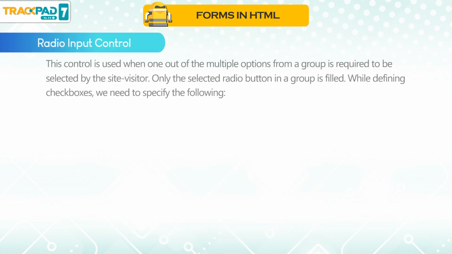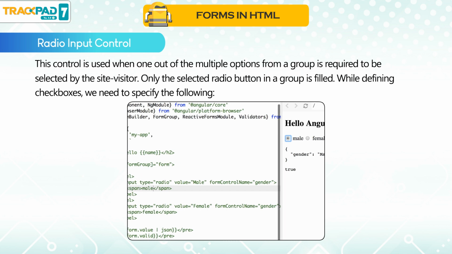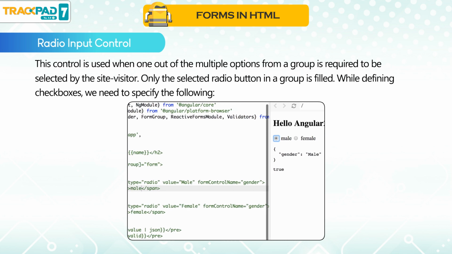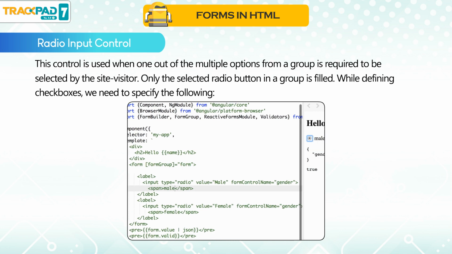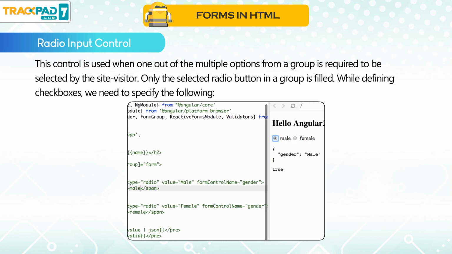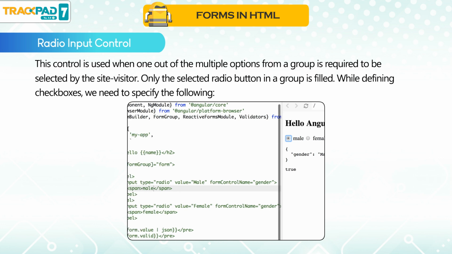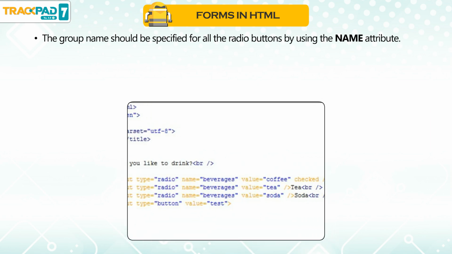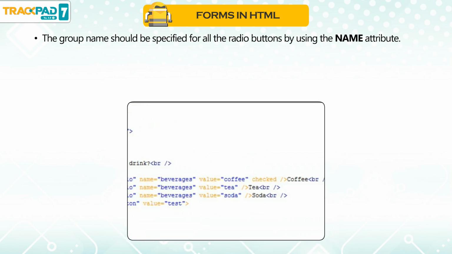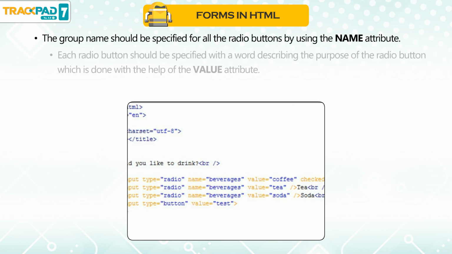Radio input control. This control is used when one out of the multiple options from a group is required to be selected by the site visitor. Only the selected radio button in a group is filled. While defining radio buttons, we need to specify the following. The group name should be specified for all the radio buttons by using the name attribute.